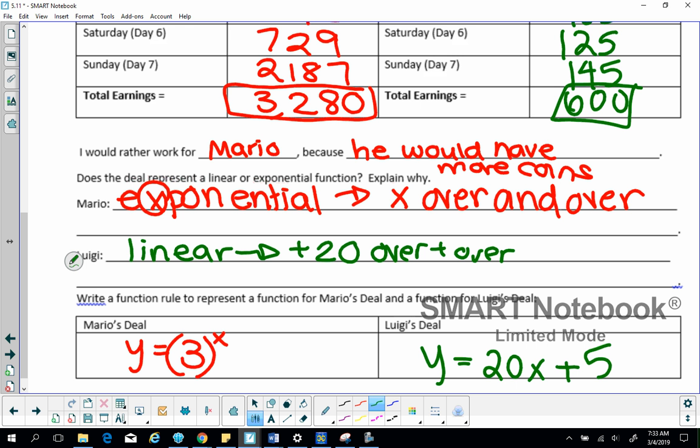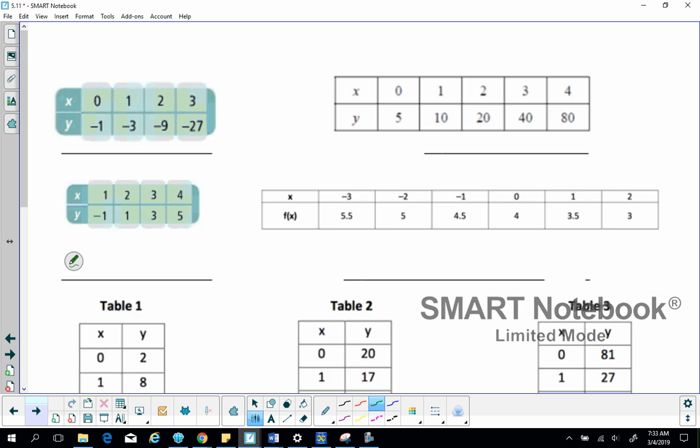So now all you're doing is you're looking at word problems and tables and trying to figure out, is it exponential or linear? And so really all you have to do, you can try to find the pattern. If you can't figure it out, what's the opposite of adding? Subtracting. What's the opposite of multiplying?